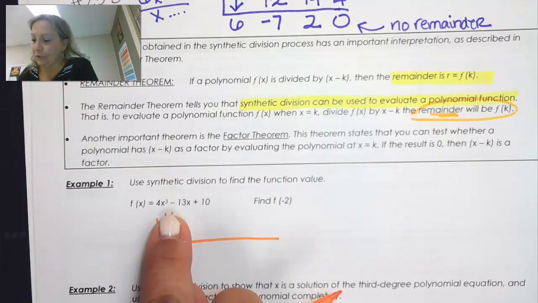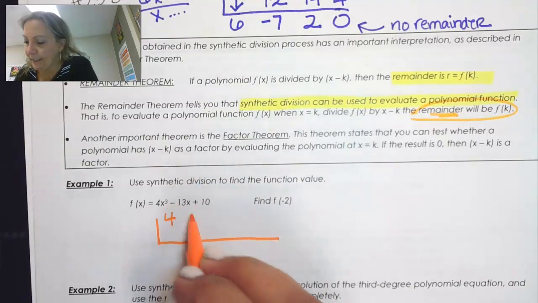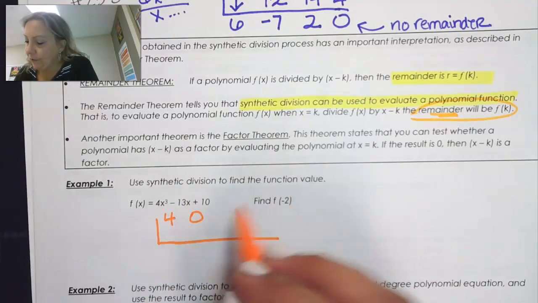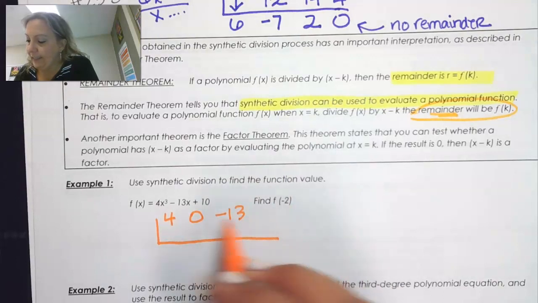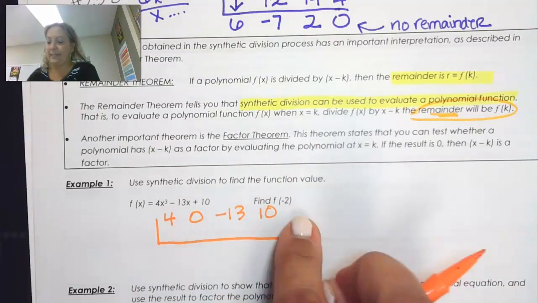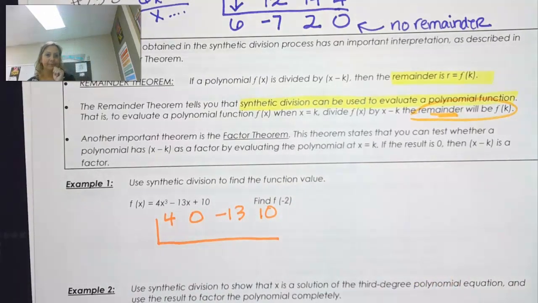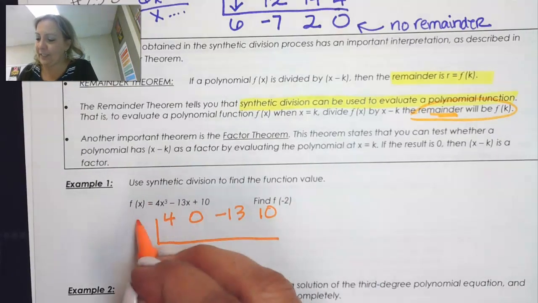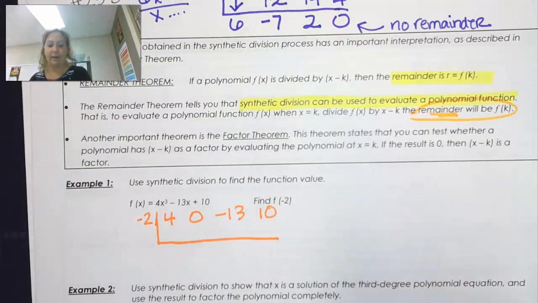Notice we're missing a degree. X squared is missing, so we're going to put a 0 in there. Then negative 13, 10, and that's our constant, so we're all set. We do want to find f of negative 2. Negative 2 is the x value, so we do not change the sign like we did when we were dividing by the expression.